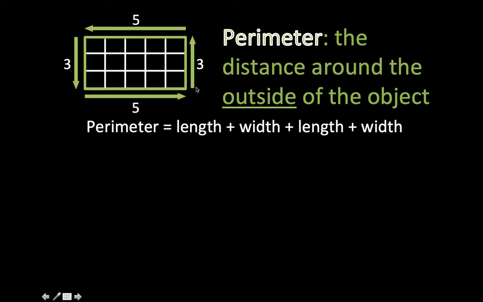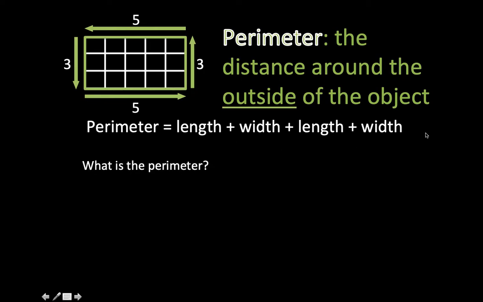So if you imagine yourself walking along the edge, the perimeter of this rectangle, you would walk 3 units, then 5 units, then 3 units, then 5 units. To find the complete distance that you walked, you would just have to add those up. So length plus width plus length plus width.